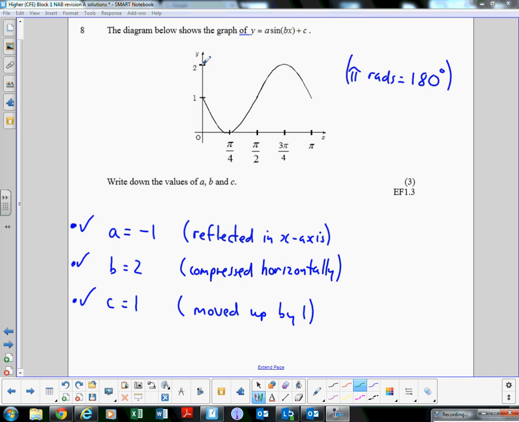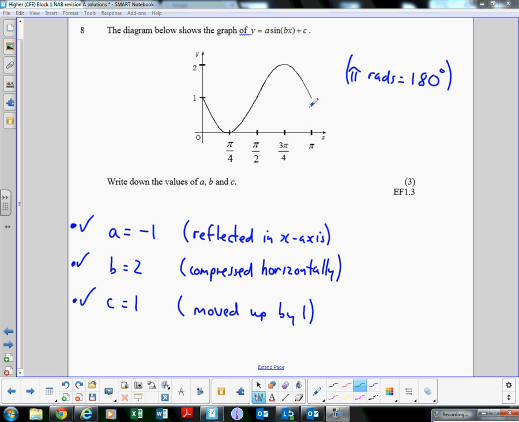Now looking at this, the overall height is still 2. Normally it's from -1 to 1, which is an overall height of 2, or an amplitude of 1, we would say. That is still the same. But the graph has been basically flipped upside down. So after b and c have occurred, it's been reflected in the x-axis. So as it's been flipped upside down, essentially, the value of a is -1.